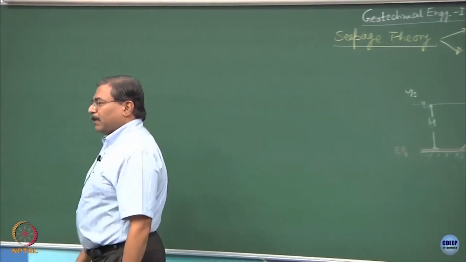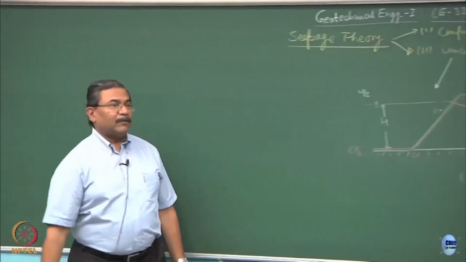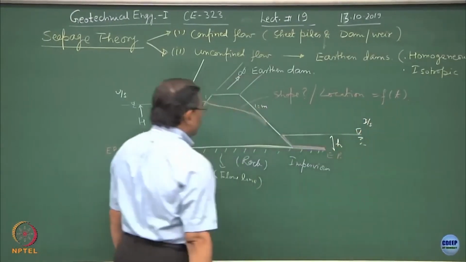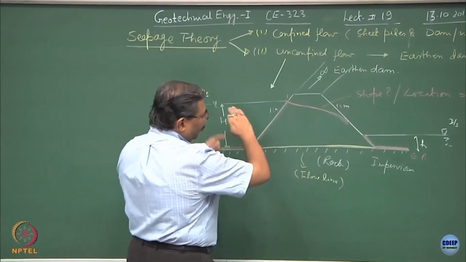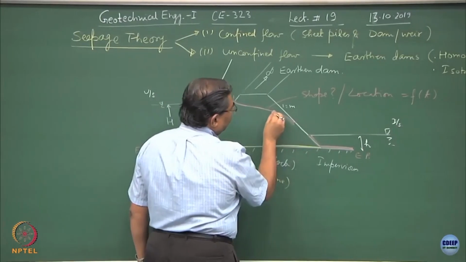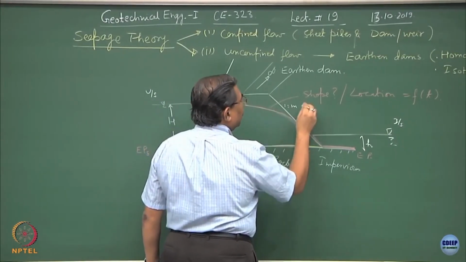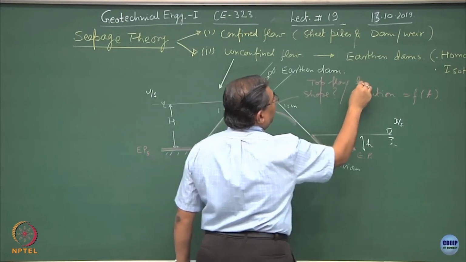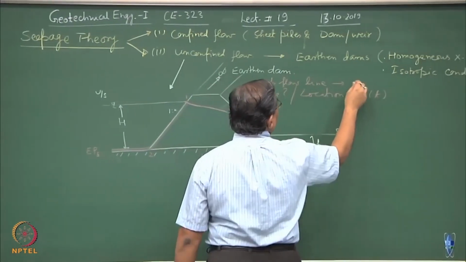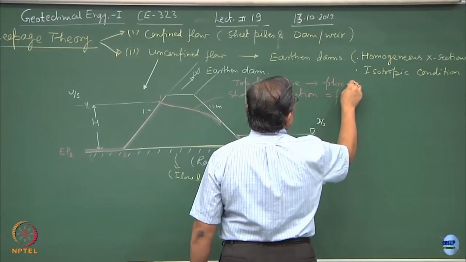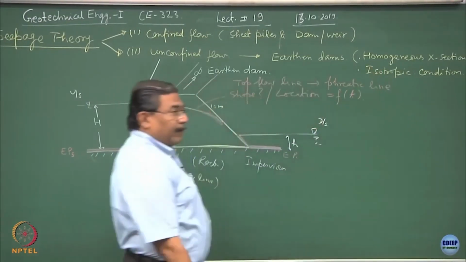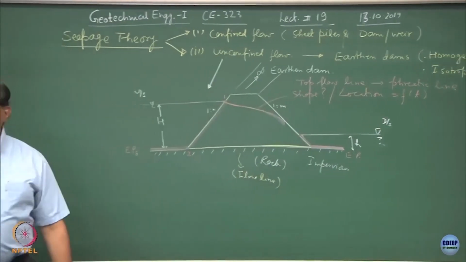Now this problem is becoming very complicated. So what we will have to do is take a steady state so that we come out of the time factor. So suppose the saturation takes place, the top flow line sets in. Now this is what the top flow line would be, okay. So this is the top flow line, we call this the phreatic line also, where the pressures are atmospheric.